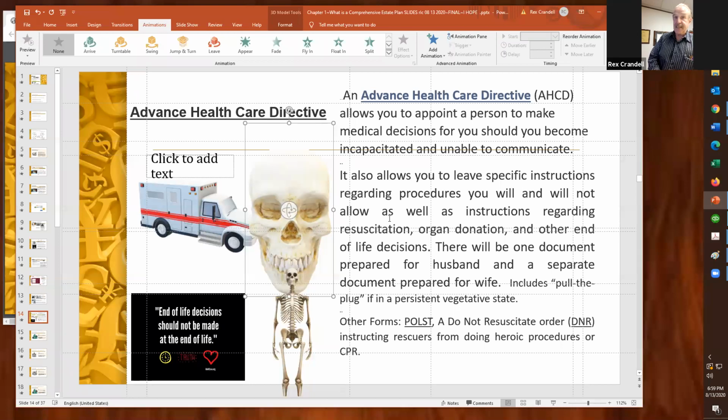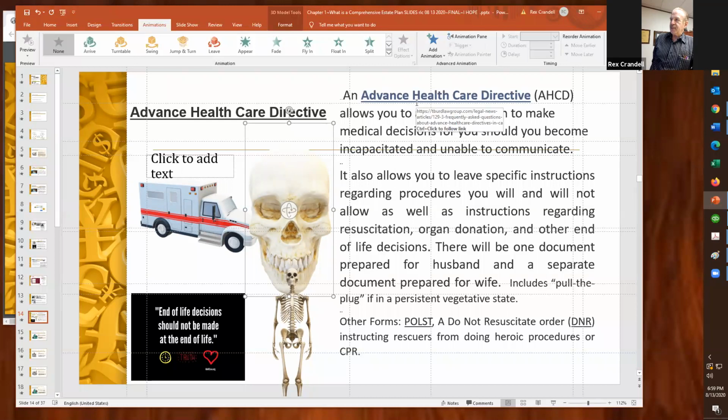You get in an accident and can't talk, the hospitals are really worried about giving any medical advice to someone they're not supposed to, the HIPAA laws. So it's important to have an advanced healthcare directive. In fact, most hospitals will not allow you in for an operation unless they have one of those on file.